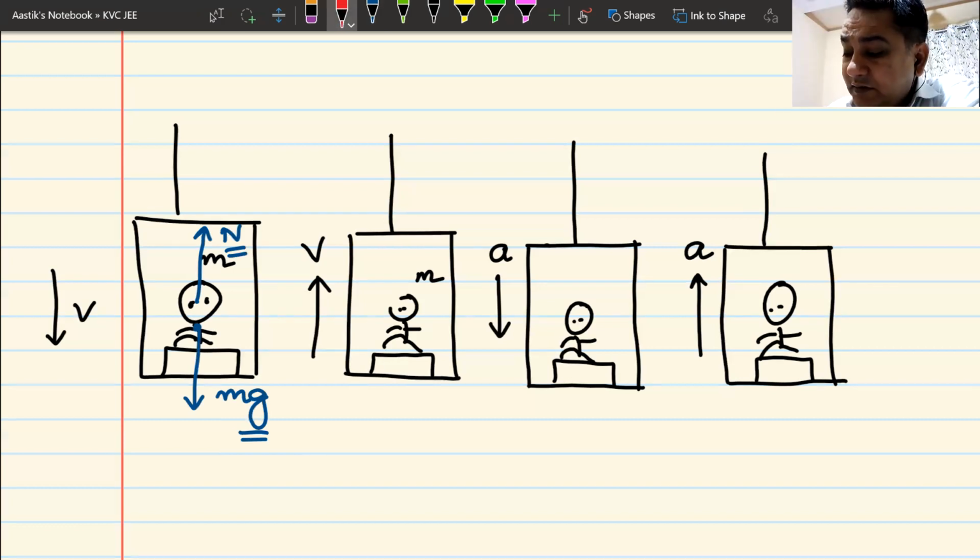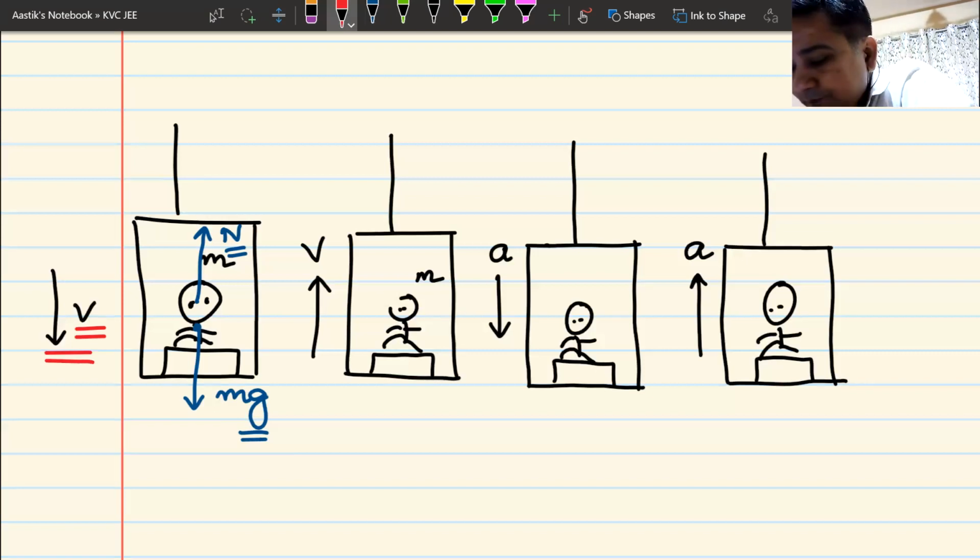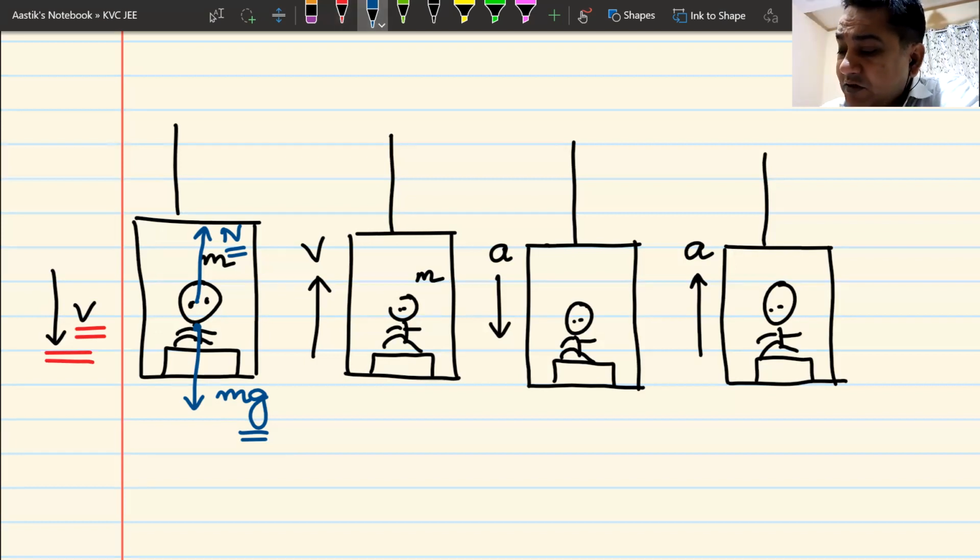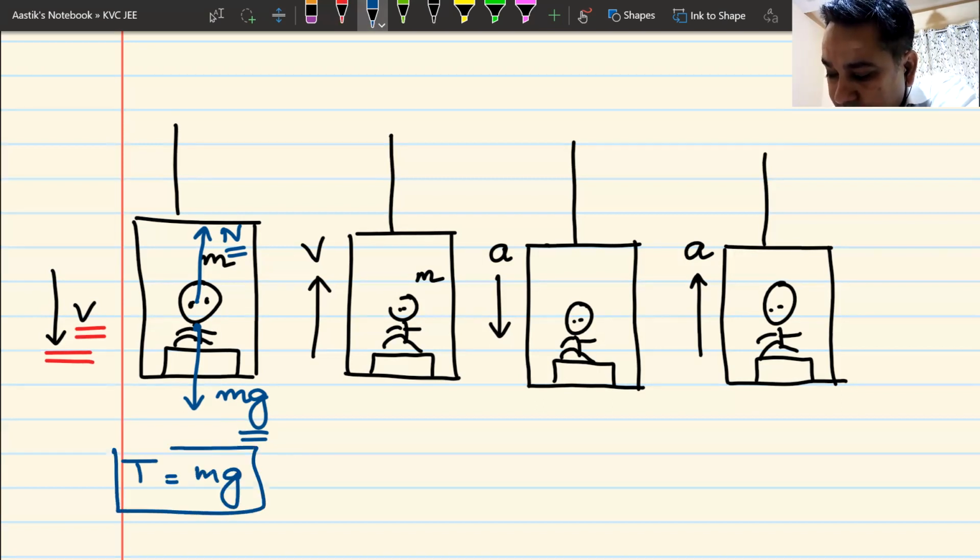The lift is, as you can see, moving down with a constant velocity v. There is no acceleration. So my reference frame is still an inertial reference frame. So the equation I will make will be N is equal to mg. Nothing has changed. The reference frame is still inertial.